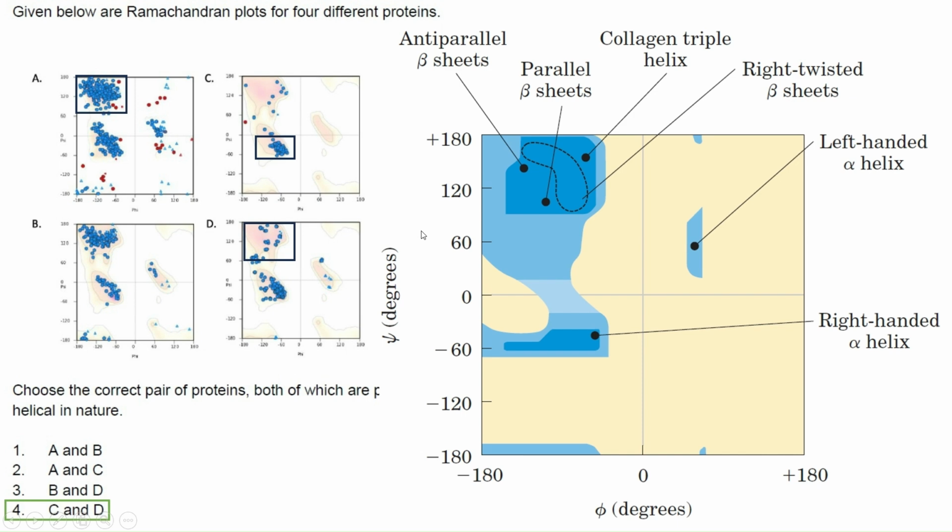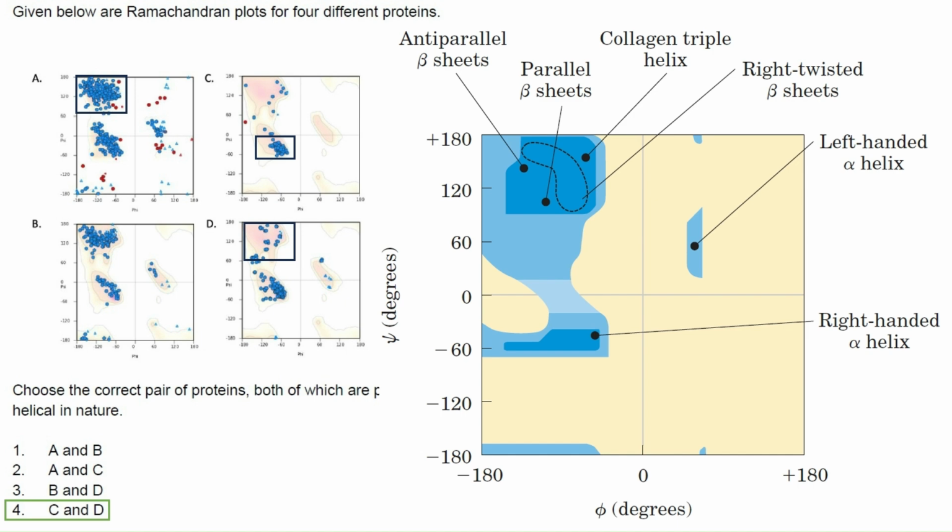Like I can simply ask that out of the four options, which one are the correct phi psi angles for alpha helix. Now, obviously, that will be more difficult, but in general, if you can remember the approximate ranges of the phi psi angles for different secondary structures, it can help you to solve similar questions.